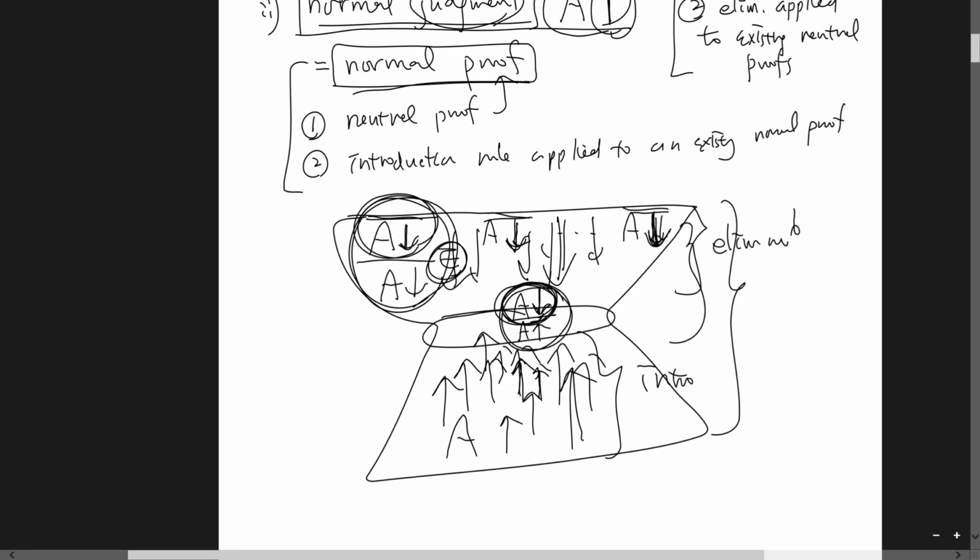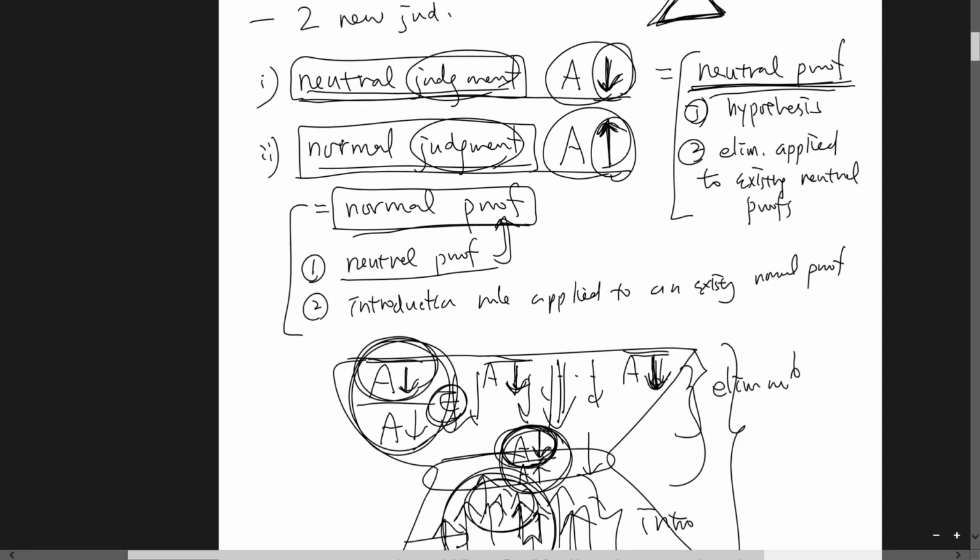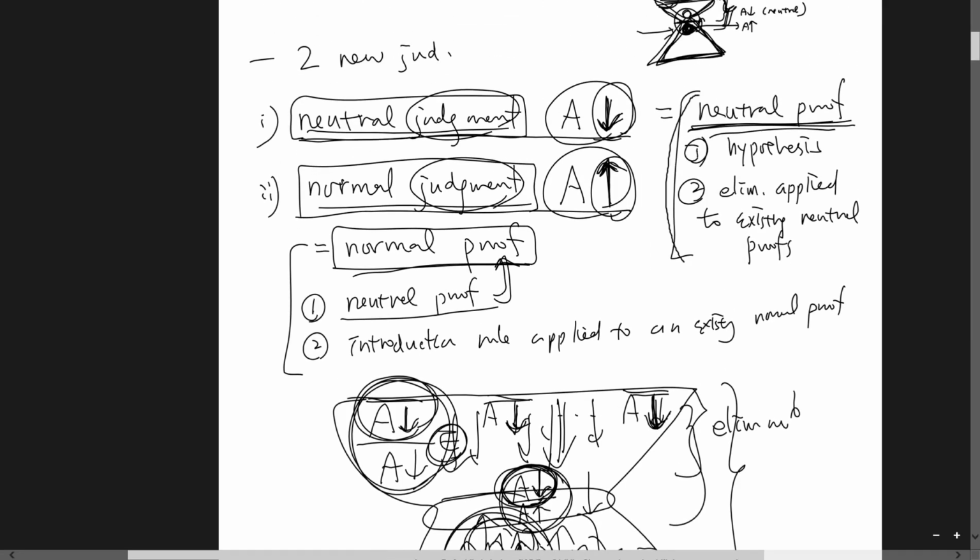So we make a silent conversion here. So a neutral proof is counted as a normal proof, or, given an existing normal proof, we apply an introduction rule and then we obtain another normal proof. So that's the formal definition of neutral proof and of normal proof.